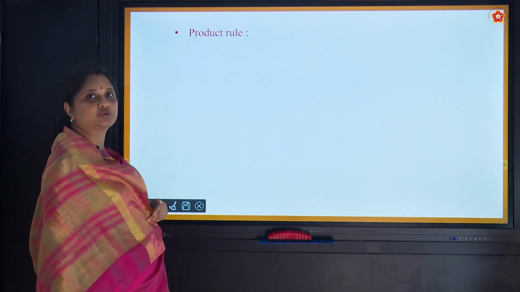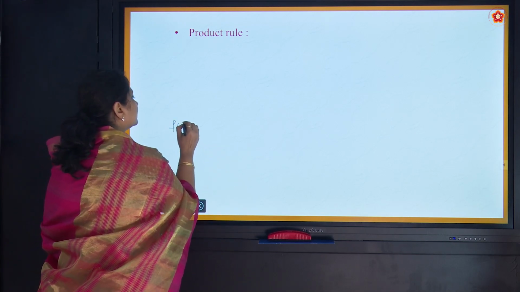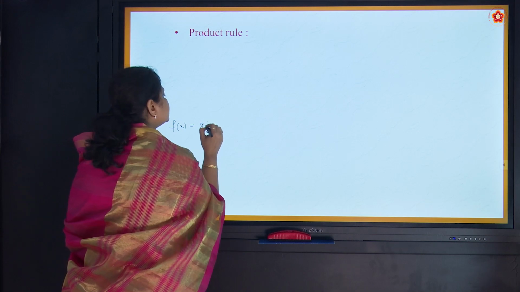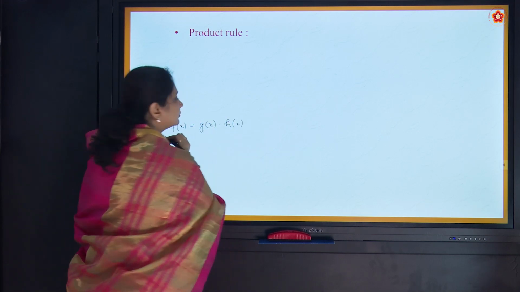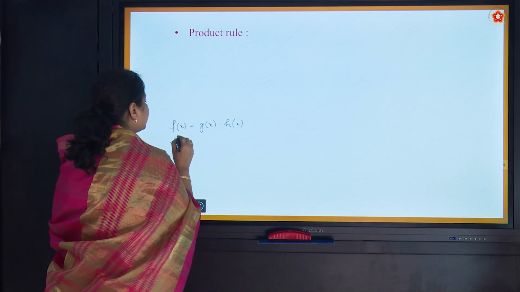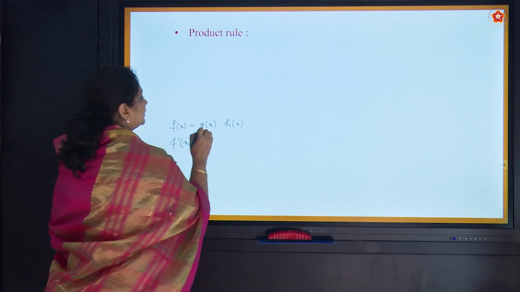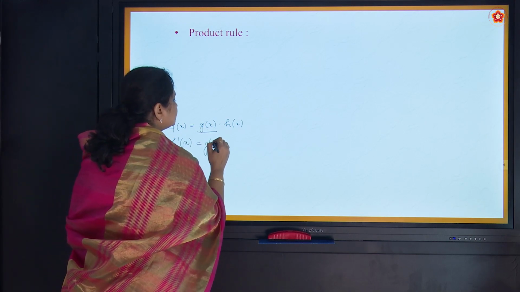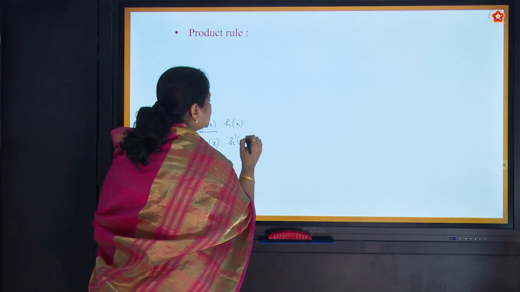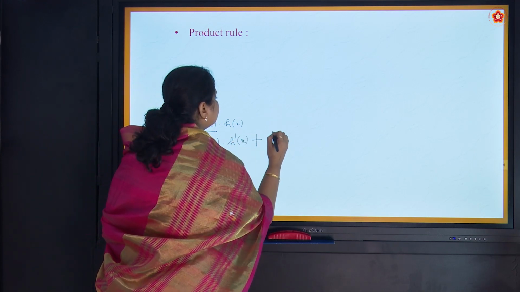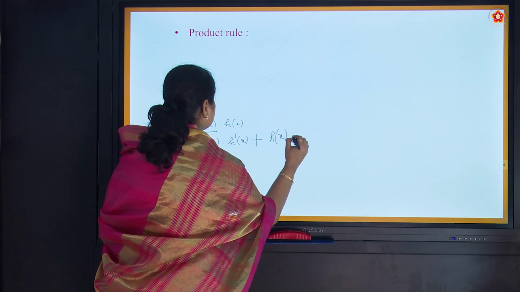Now comes the product rule. If any function is a product of two functions, when you differentiate this with respect to x, we use the product rule, wherein we keep the first function unaltered, differentiate the second function, plus we differentiate the first function keeping the second function unaltered.